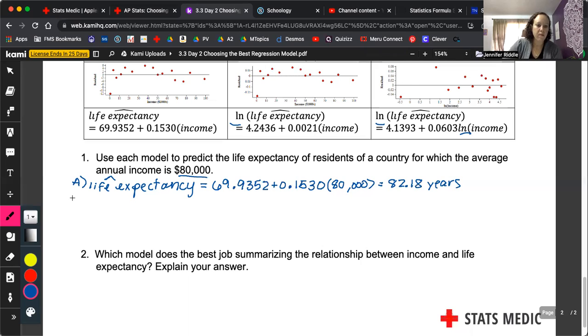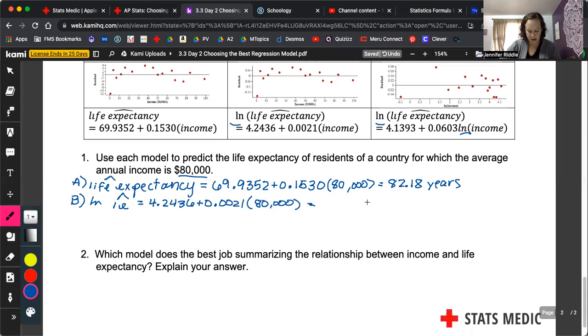Okay. For model B, we have the natural log of life expectancy, LE, is equal to 4.2436 plus 0.0021 times our $80,000. And it's important to note here that what we're equal to is the natural log of the life expectancy.